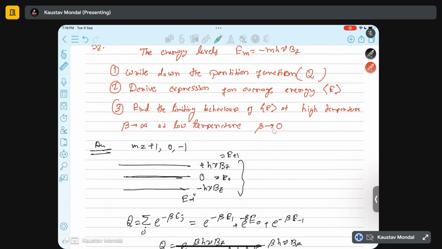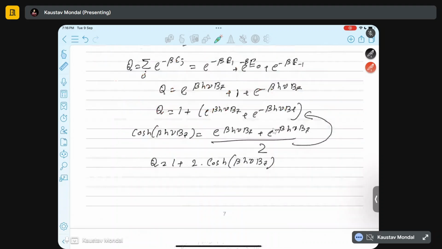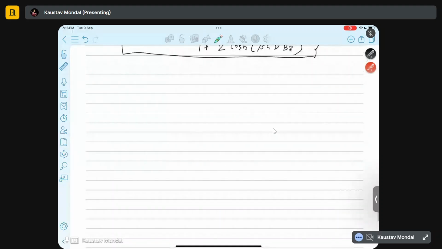Then we have to estimate, we have to basically see the limiting case. What is the value of the average energy in the limiting case at both high temperature and low temperature? To do that, we will take the limit beta tends to 0 and beta tends to infinity.